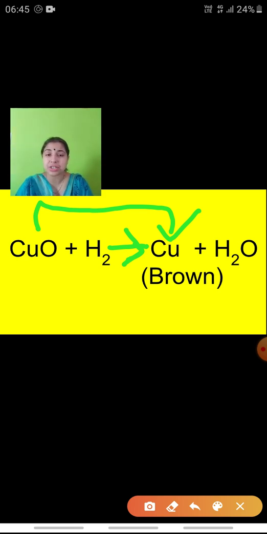So such reactions in which oxygen is removed are called reduction reactions. So addition of oxygen is oxidation and removal of oxygen is reduction.